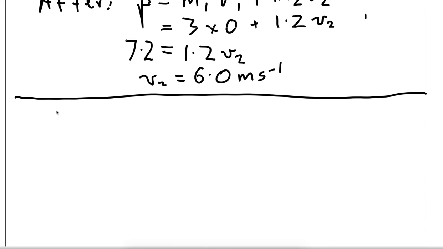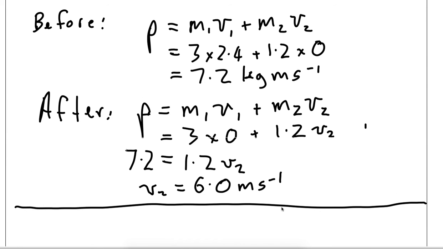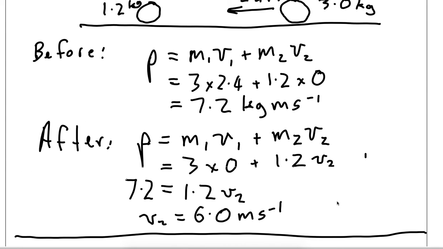For before, the situation's exactly as it was above, so we don't even need to rewrite that equation. The 3 kilogram ball is doing 2.4, the 1.2 kilogram ball is stationary. The overall momentum before the collision hasn't changed. It's 7.2 kilogram meters per second.